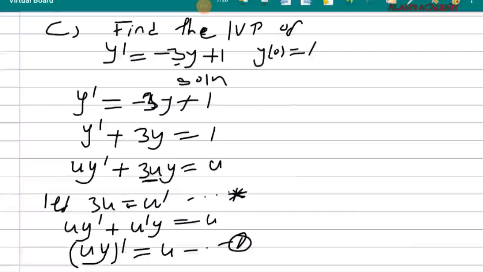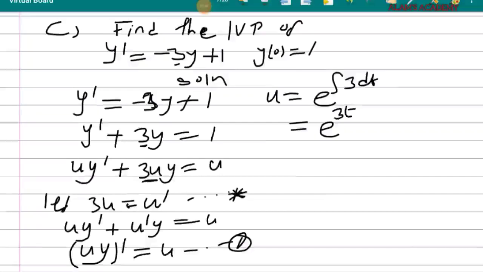we can find u. We can find u, but u is equal to the integral of the coefficient of y, which is 3. So I have 3t. This is equal to the integral of e exponent, integral of 3 is 3t.